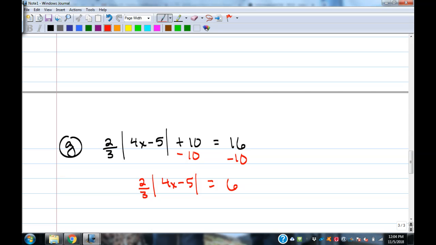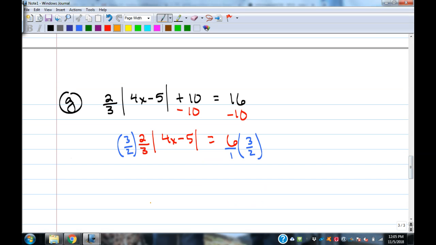So those are the same operations. All right, so 6 times 3/2. 18/2, which would be 9, right?